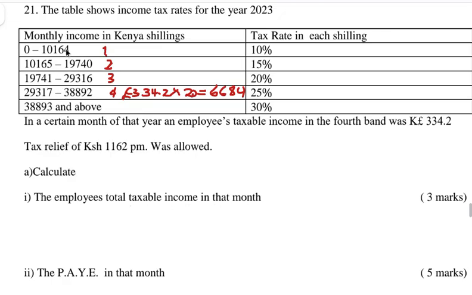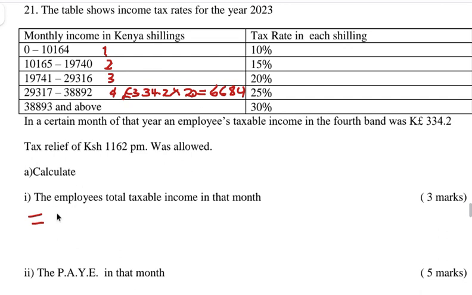Sasa in the first band, yani the total ya hizi bands tatu tayari twajua, tushapewa. Wajua hapo 0 mpaka nini, lakini mwisho wa siku utaona mwisho in the third month the total for the 3 bands ni 29,316. So if you want to calculate the total, utachukua ile 3 plus ile 4.